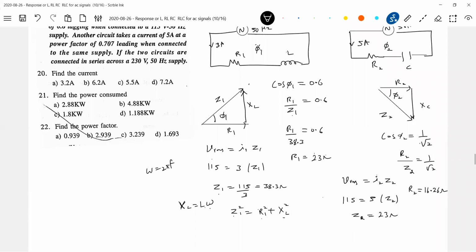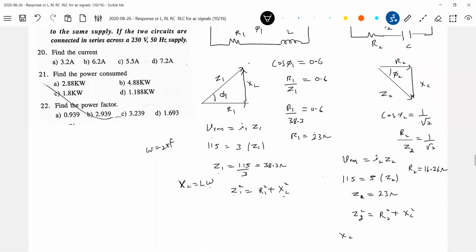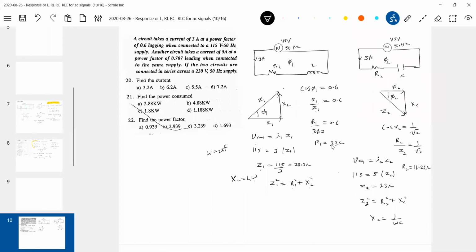Okay, now after getting R2, what is Z2? You can write Z2 square equal to R2 square plus XC square. We know omega from here. Then I'll get the value of XC, and from XC is equal to 1 by omega C, I'll get the value of C. So like this, from this information, we get all the quantities.